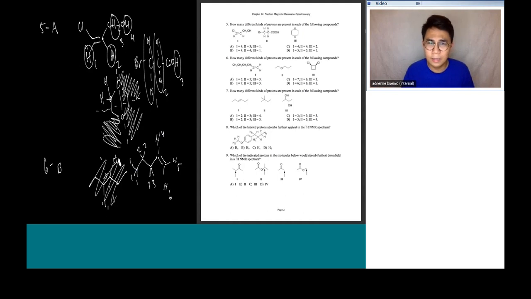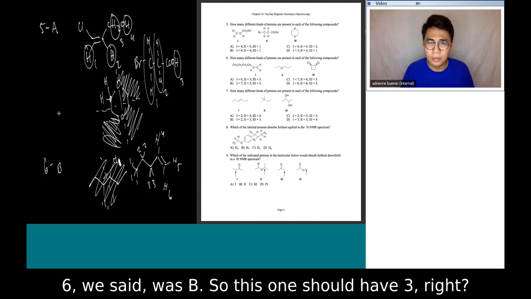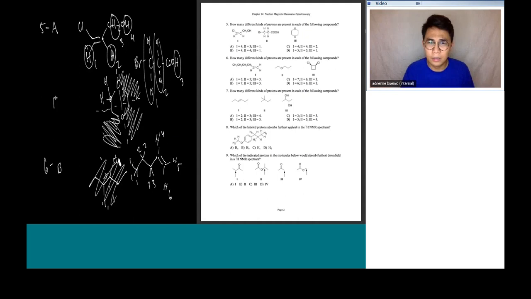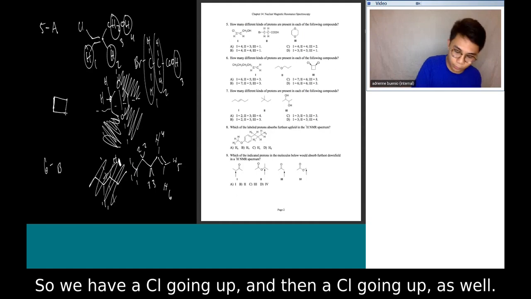And then again, actually, let's do this one for six. Six, we said was B, so this one should have three. So we have a Cl going up, and then a Cl going up as well.